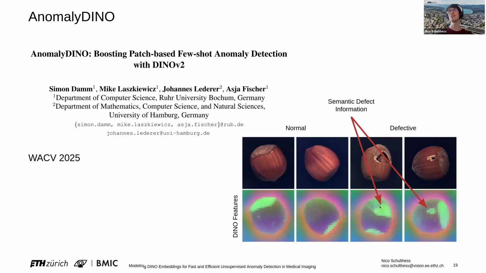As you can see, the defective parts are highlighted in this light green, so they really stand out from what you would expect from the normal part of the shell, which is usually this purple towards olive green color. And this is also just a very small subset of the whole features. So in these 3 channels, this light green part seems to be similar to this part of the nutshell. However, in other dimensions, it's very different, so it shouldn't get confused with this part of the shell.